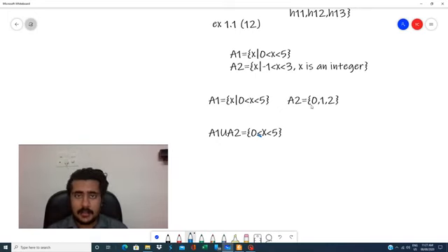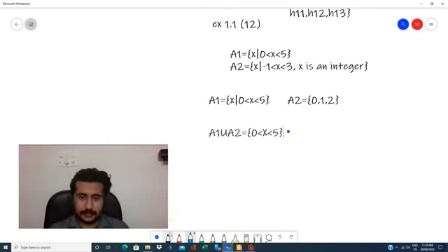What is the rule of union? If the digit is any from that event, either it should be in A, either it should be in B, we will include it in union. So 0 is present in A2, that's why we have included it here.